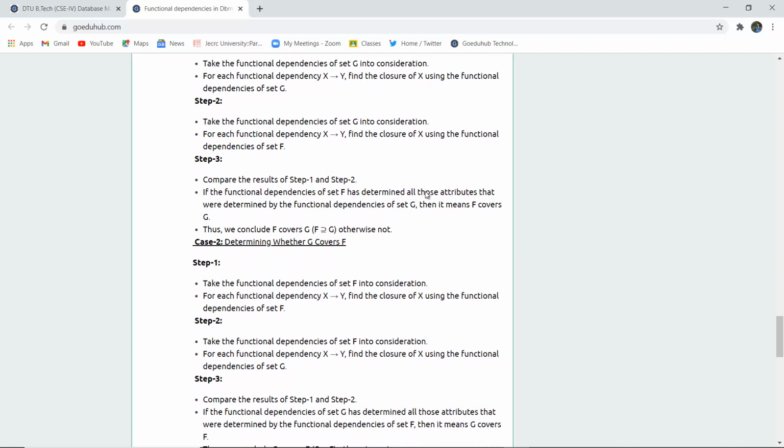For each functional dependency x to y, find the closure of y using the functional dependencies of set F. In the last step, compare the results of both the sets. If the functional dependency set of F has determined all those attributes that were determined by the set of G, that means F covers G. Otherwise, we conclude that it is some other case; if F covers G, we use this particular symbol, otherwise not.